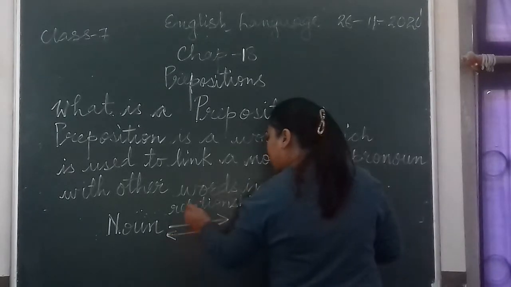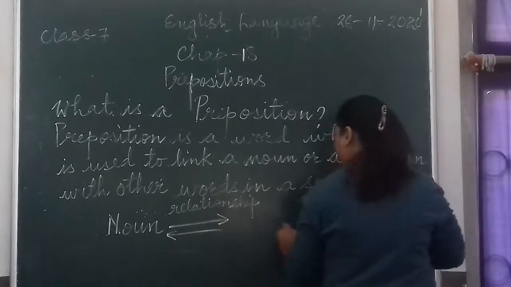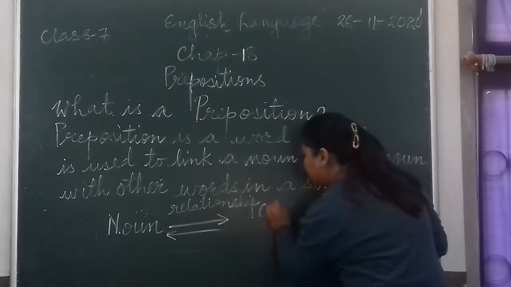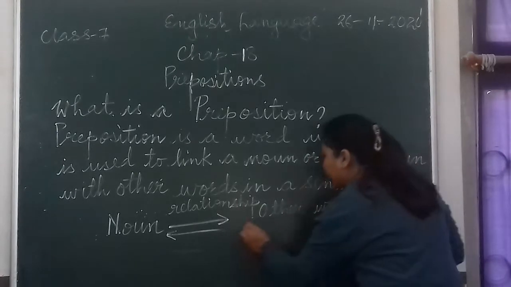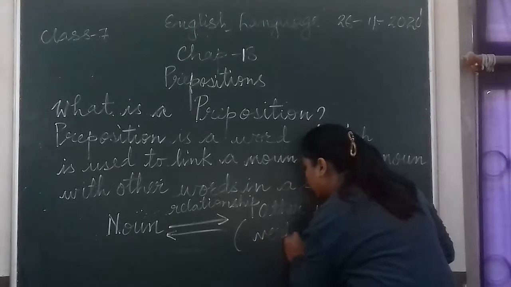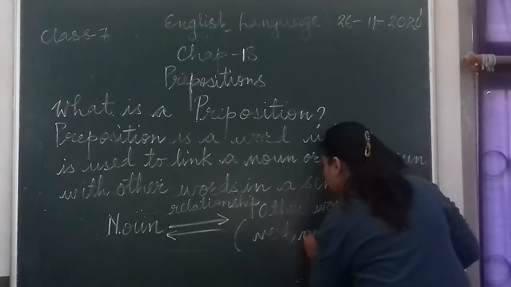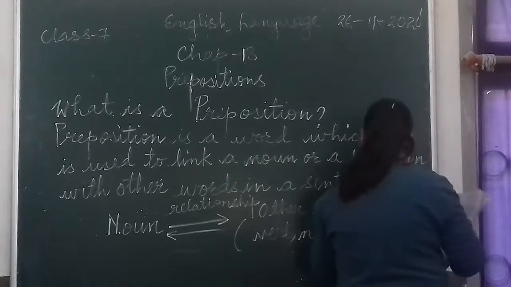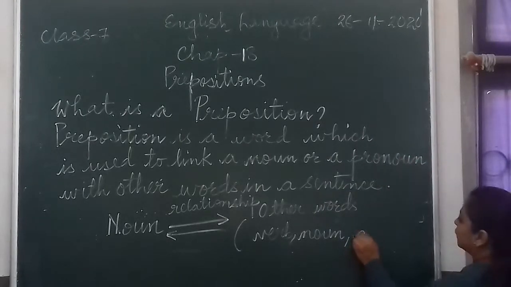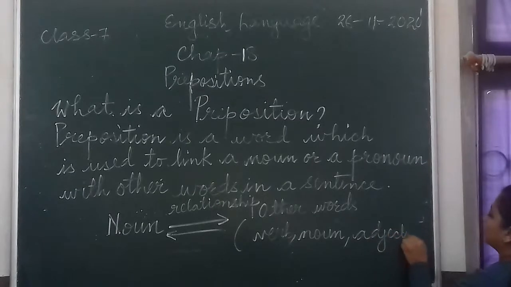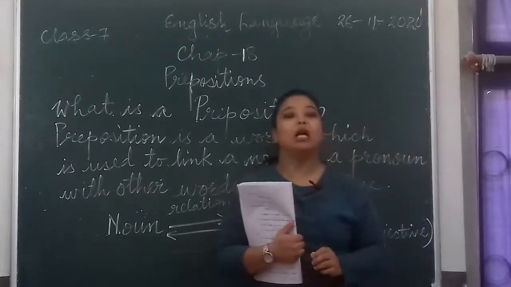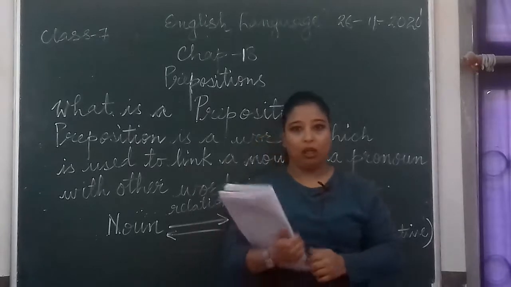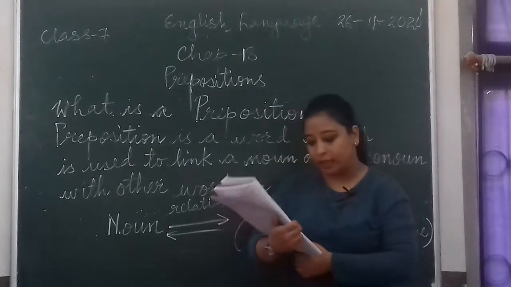Other words like verb, noun, adjective, etc. Okay, so a preposition is a word which is used to link a noun or a pronoun with other words in a sentence.